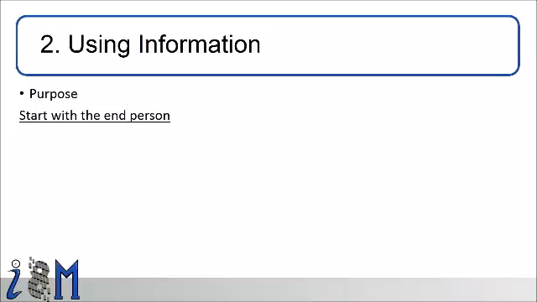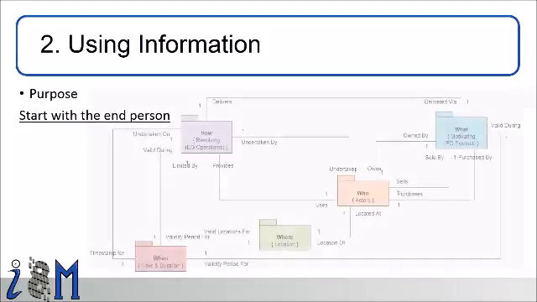So moving on. We're moving on now to using information, and key to this is the purpose. So for particular sets of information, there will be a purpose. For all sets of information, there should be a purpose. And in order to identify that, we need to start at the end of the information journey with the end person.